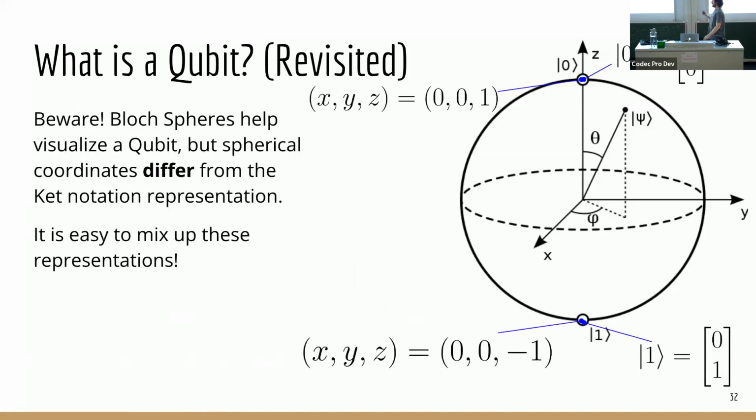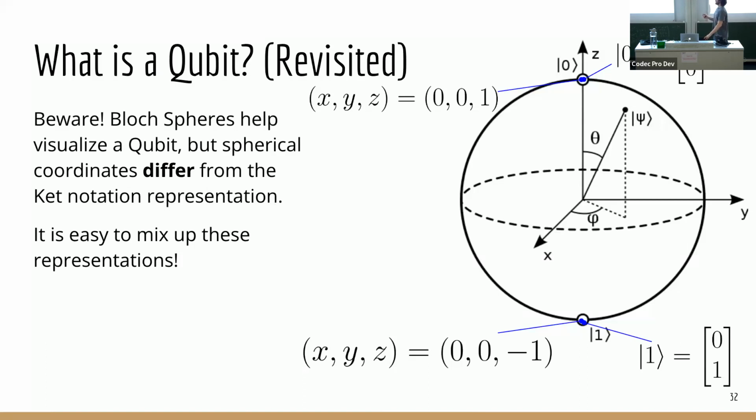Something that I just want to emphasize is that these Bloch spheres can be very helpful visualizations. However, these coordinates are different from the ket representation that we've been working with up until now. It's very easy to get these confused and get sort of stuck in the mathematics.